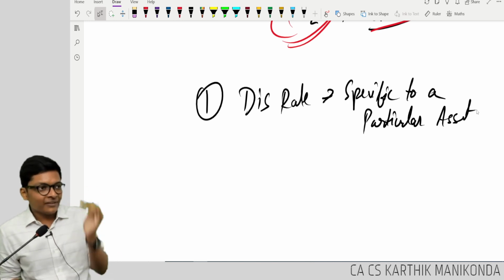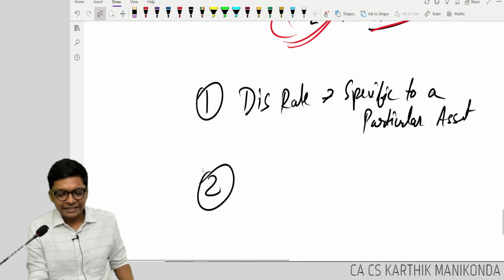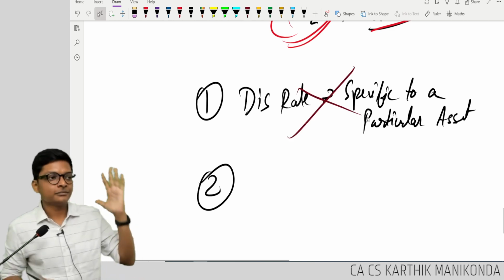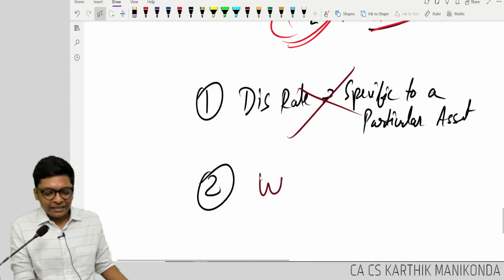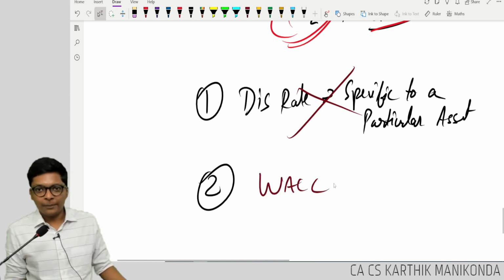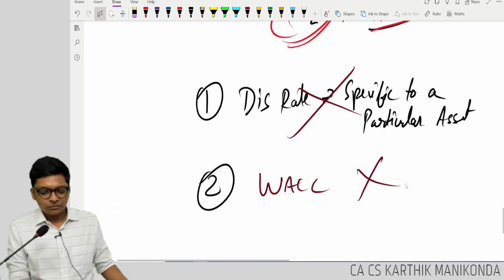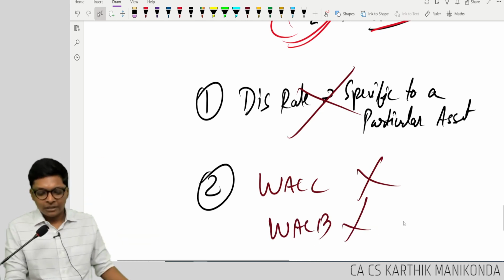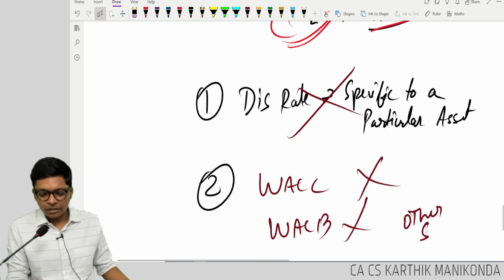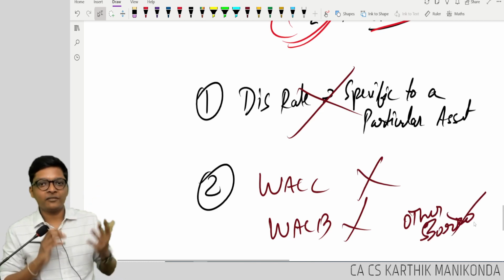So asset wise discount rate. Then they are saying, ayo, this is not available. Okay. Not available means what to do? Take weighted average cost of capital. This also not available. Then take weighted average cost of borrowing. This also not available. Take some other similar borrowing rate. This also not available. Go try to find a rate.